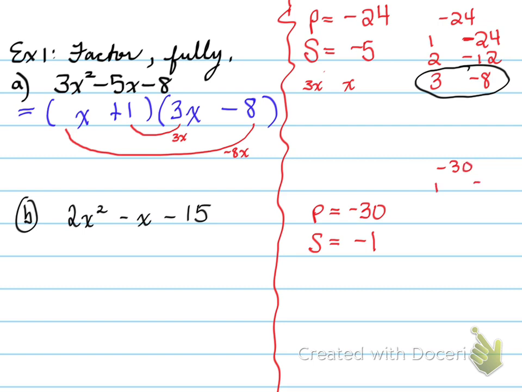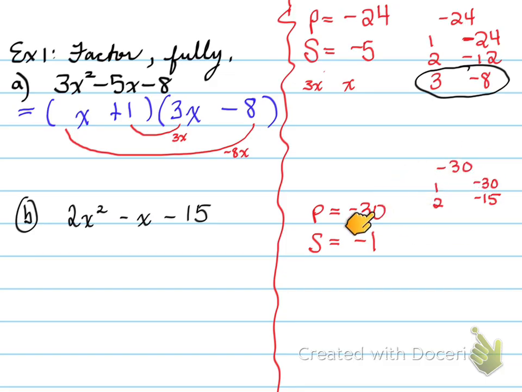And we do it again. Now, when you get better at this, you don't have to write out the entire multiplication here. But when I'm first starting out, I like to show you all the different pieces. So 1 and negative 30, when I add those, that gives me not what I'm looking for. So we keep going. 2 and negative 15. Now, some of you are like, wait, miss. How did you get all those numbers?